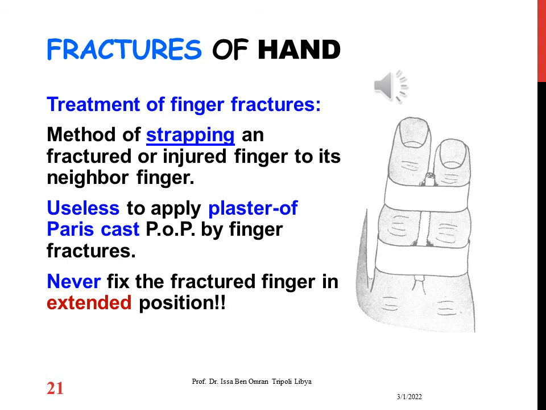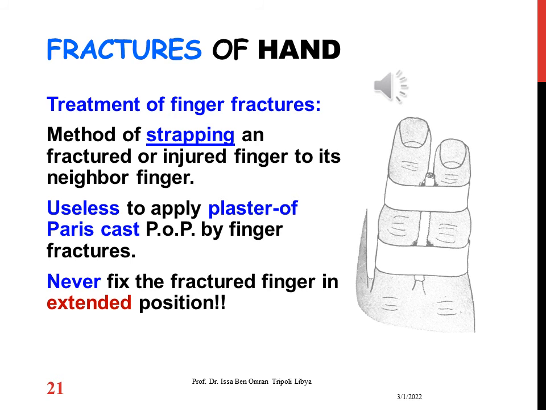We should also know that it is useless to apply a plaster of Paris cast, POP cast, for finger fractures. We see a very common failure in the casualty: some people apply a plaster of Paris cast in case of fractured finger.